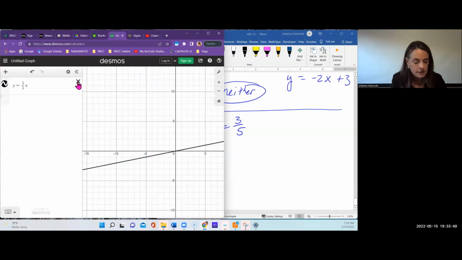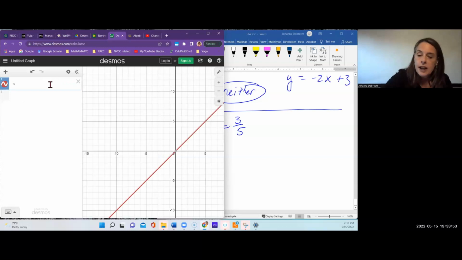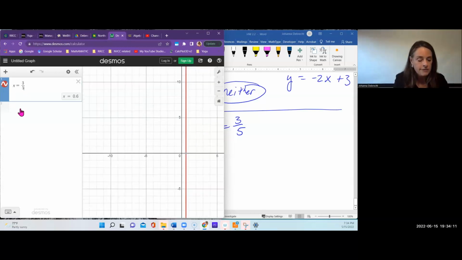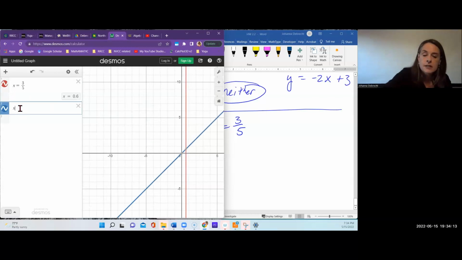Clicking on the x's eliminates what we had before. We have the equation x equal 3 divided by 5. That is a vertical line, which you can see right here. It is kind of weird that x equal gives you a vertical line, but what you're actually doing is fixing the horizontal distance.